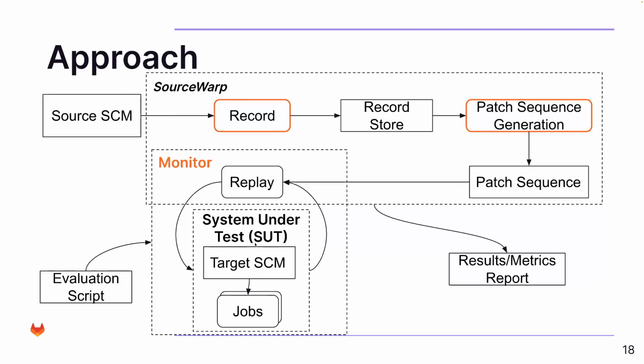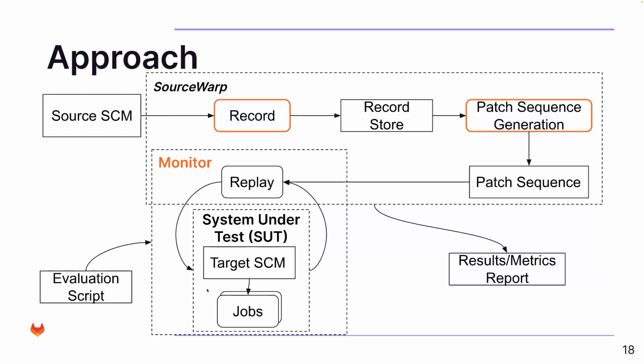This is the SUT, or system under test, and this target system has its own source code management system, which is basically derived from the source SCM. So we are creating a copy of the source SCM that goes up to the point where the first patch that we'd like to replay starts. Then, when we replay all of these patches on the target SCM, jobs are spun up on the target system and CI/CD tools are executed.